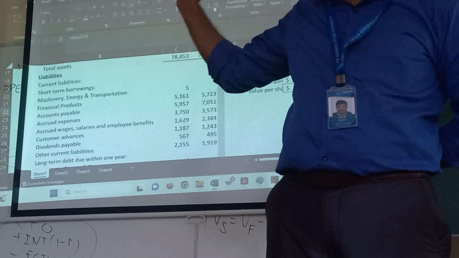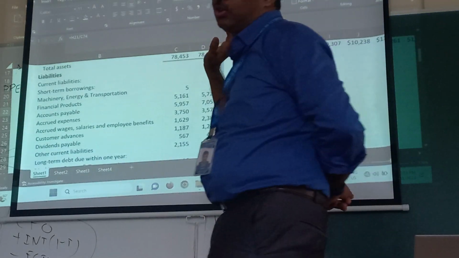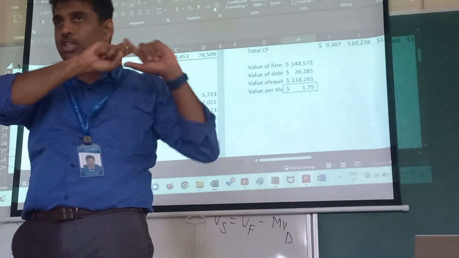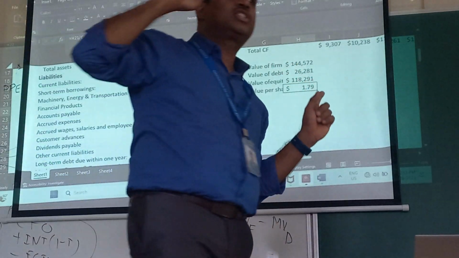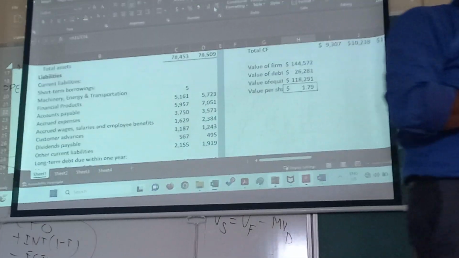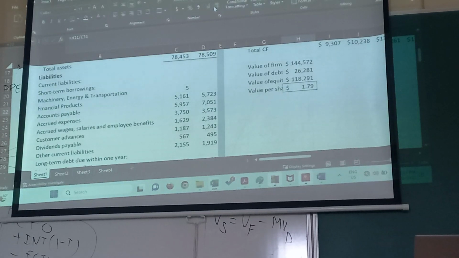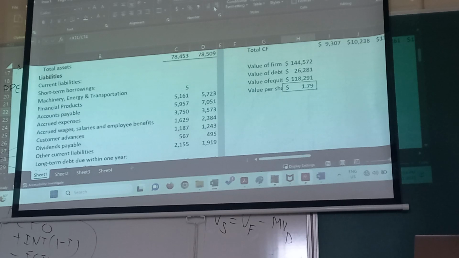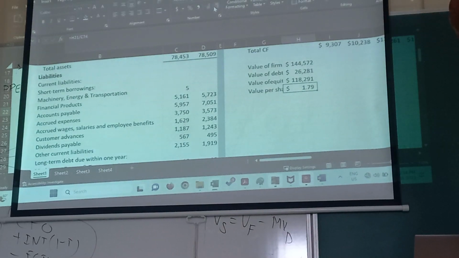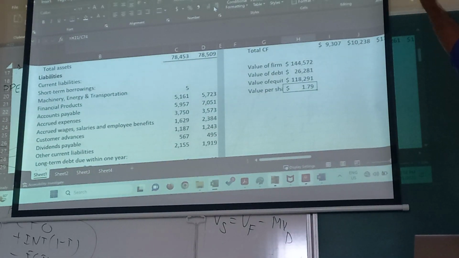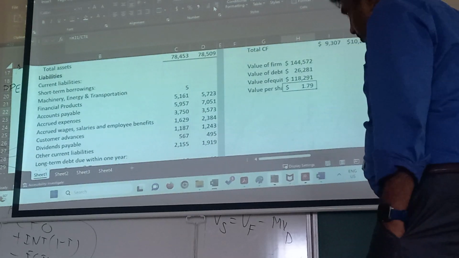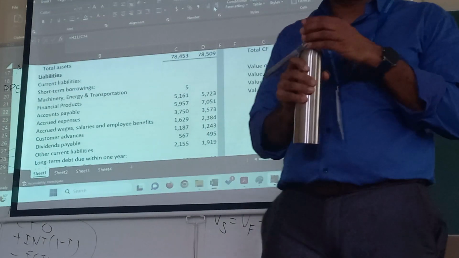And 31st to infinity, you can take the 3% growth rate and find that value. Finally, once you project all the future cash flows, you discount using the NPV formula, the net present value formula. You can find the total value of the firm. You deduct the total value of debt from it, you get the total value of equity divided by the number of shares. Alright, this is your CIA 3.